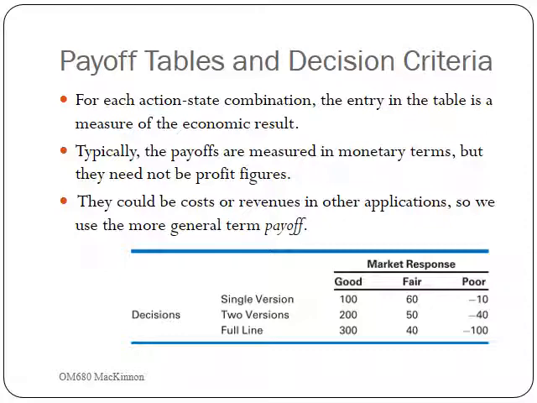So if they bring out a single version and the market response is good, then the payoff is 100. That could be 100,000 or 100 million, it doesn't really matter. If you bring out two versions and the market response is good, the payoff would be 200, and so on. So this is a very simple payoff table.